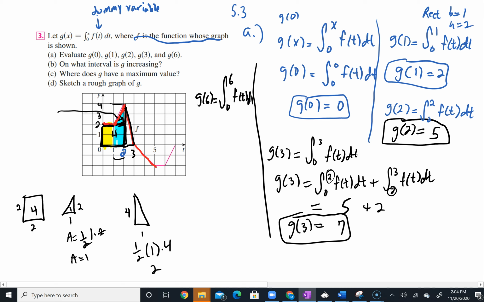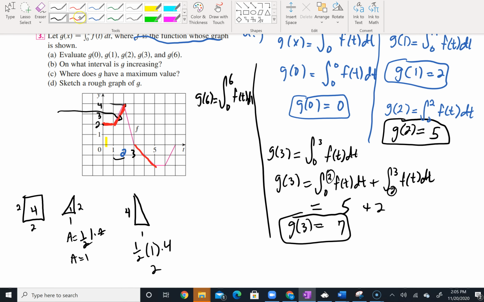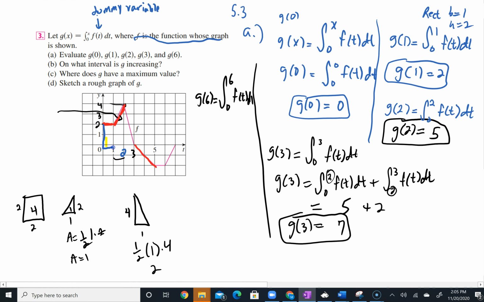You could see that what we just found, and now I'm going to erase on the inside, we just found that the area up to the 3, and I'm going to highlight that in blue, the area that we have here, we just said was 7, right? We worked it all out. But now we're trying to also go all the way up to 6.